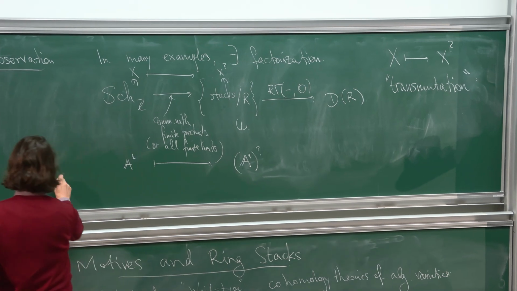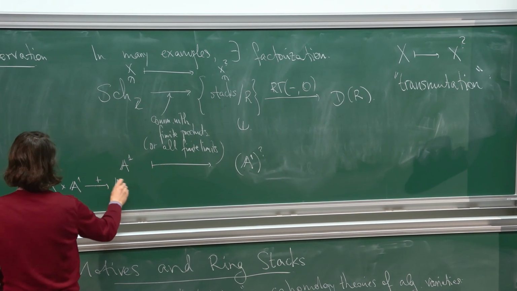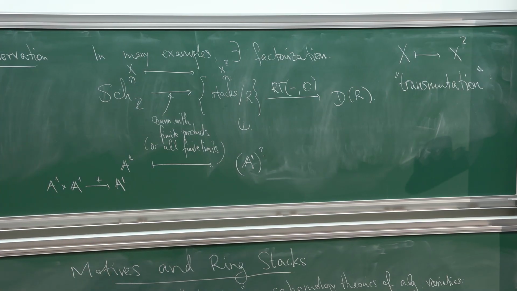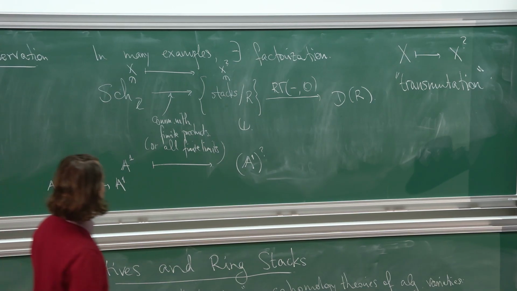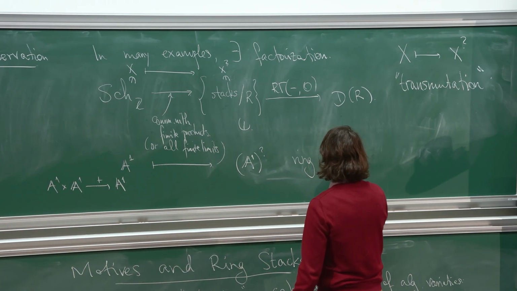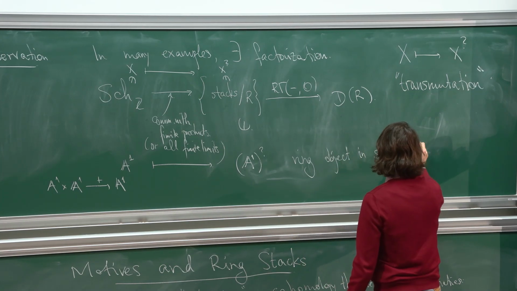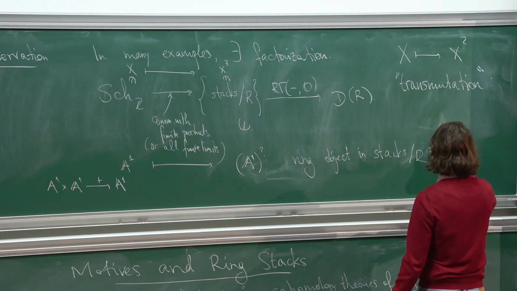So for example, the addition map, if you run it through the functor, because it commutes with finite products, it gives you a corresponding map on A1 question mark, and similarly the multiplication, and they satisfy all the relations. So this must be a ring object in stacks, i.e. a ring stack. Okay.